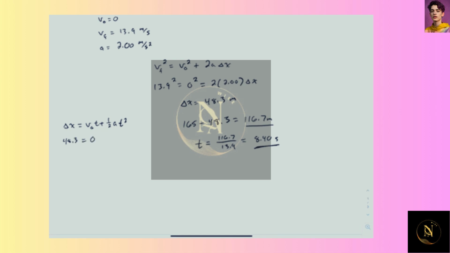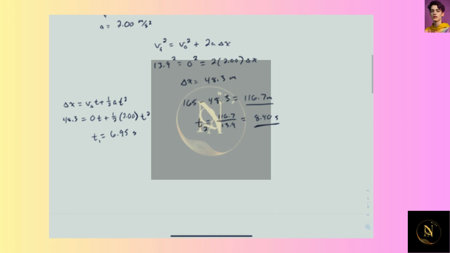Our initial velocity is the same, and our acceleration is 2. And from this we get t is about 6.95 seconds. So that's really t1, and this is t2.